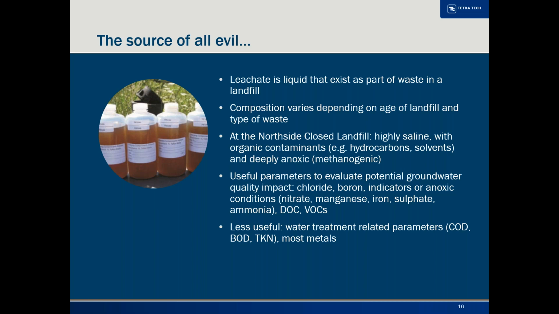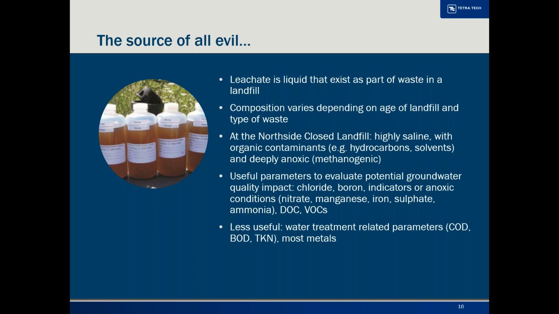So to verify whether the leachate is actually affecting the groundwater quality, you need to look at specific parameters. Parameters that are useful are mobile and persistent parameters like chloride, boron, and also indicators of anoxic conditions, like basically figuring out what is the redox status of the groundwater.